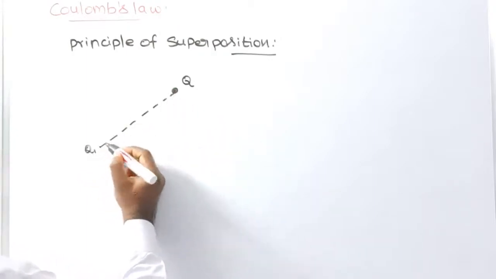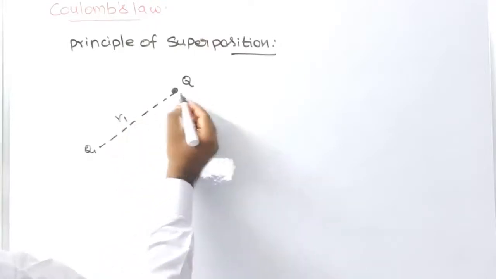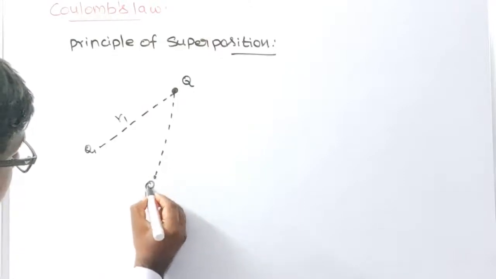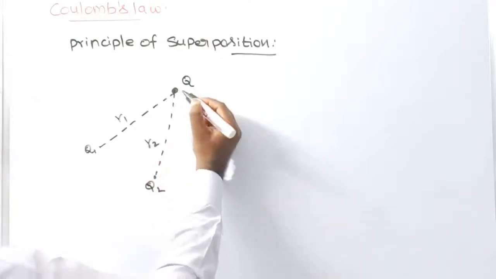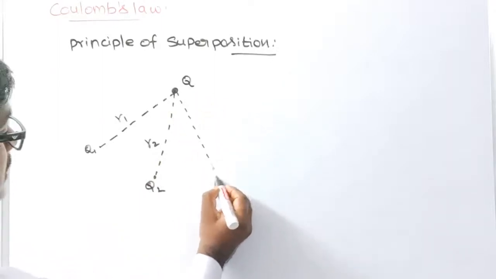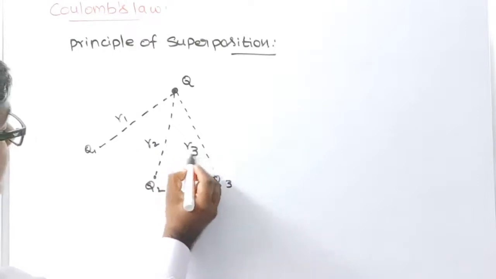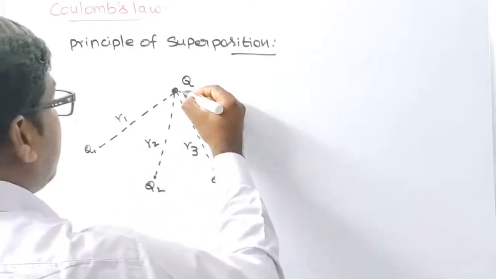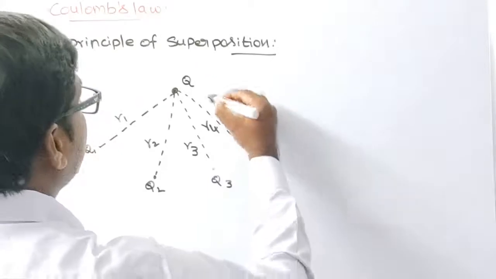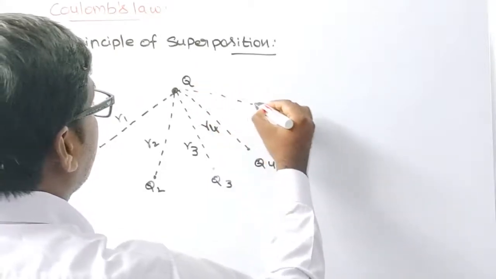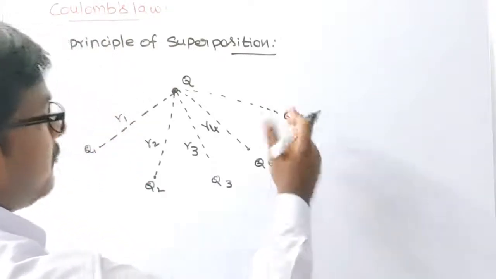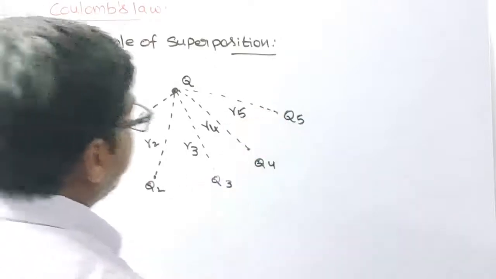This is q1, the position vector is r1. This is q2, r2. This is q3, the position vector is r3. And this is q4, r4. And this is the point charge q5, the position vector is r5.